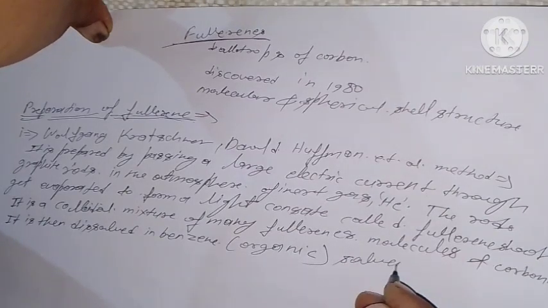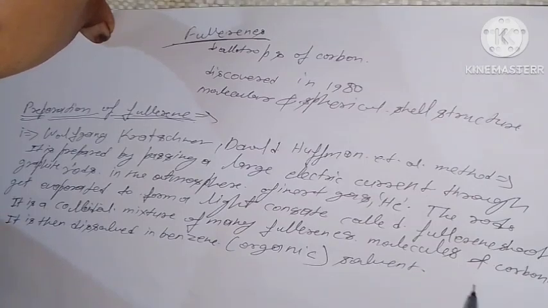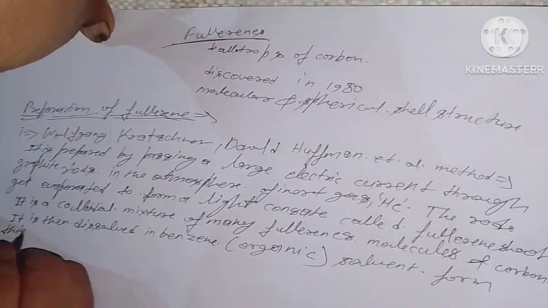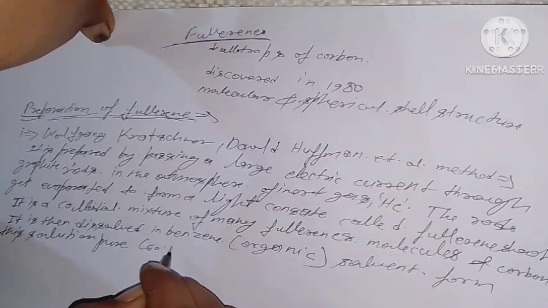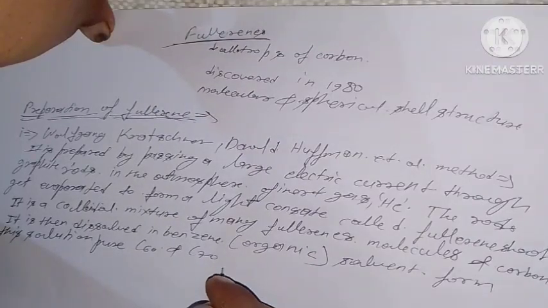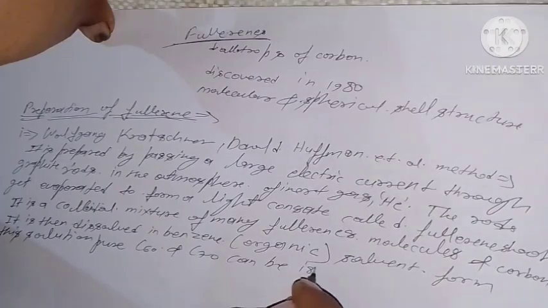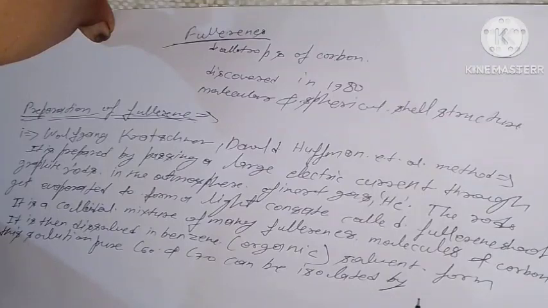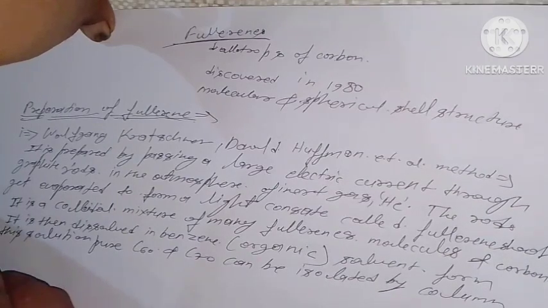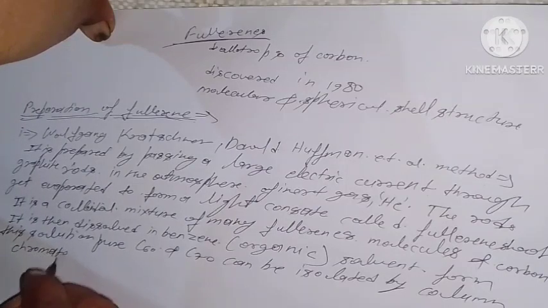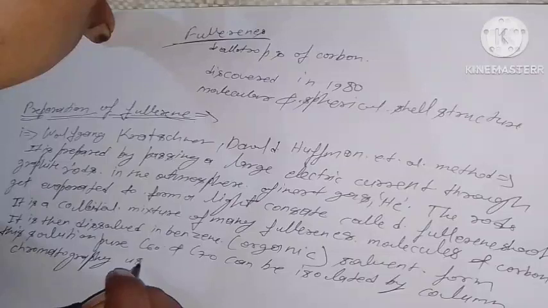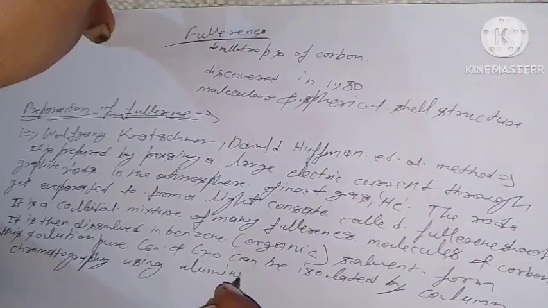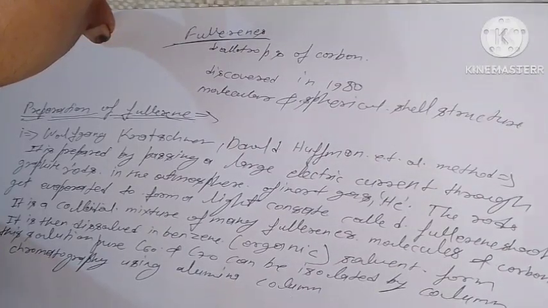From this solution, pure C60 and C70 can be isolated by column chromatography, using an alumina column.